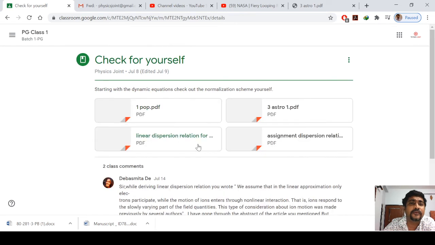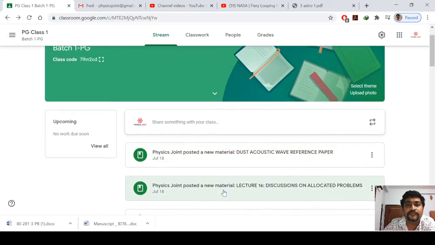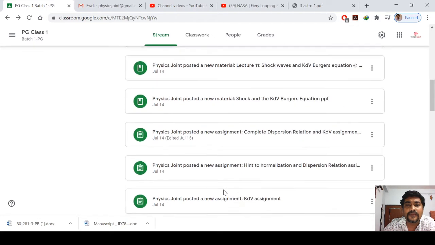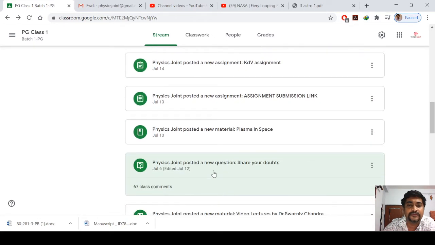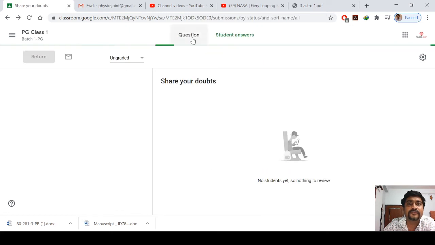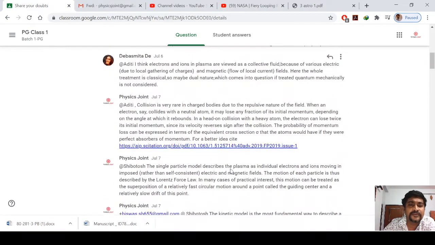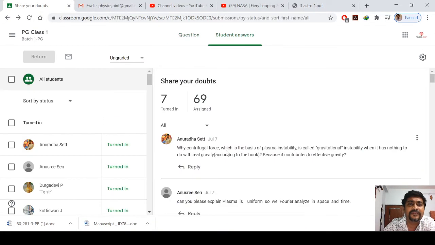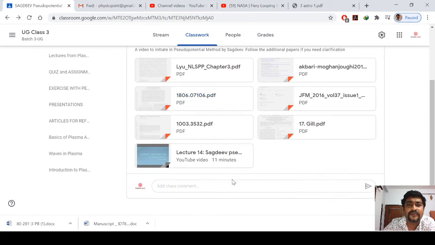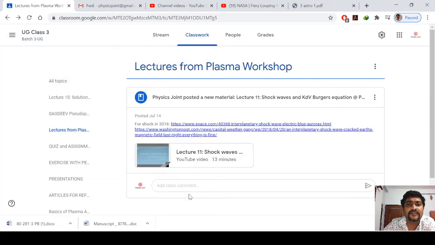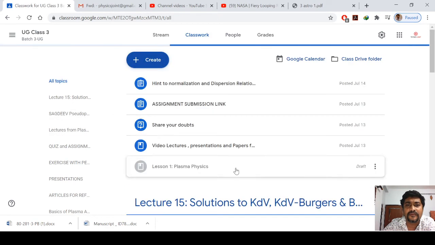And I would also show you, in your class, if you have some doubts, always put your doubts under this section, share your doubts, okay, because that is helpful for me to check. You see, they have asked a question here. If you put your doubts everywhere in between any of the lectures, suppose here you put your doubt, it would be very hard for me to check those things, isn't it?